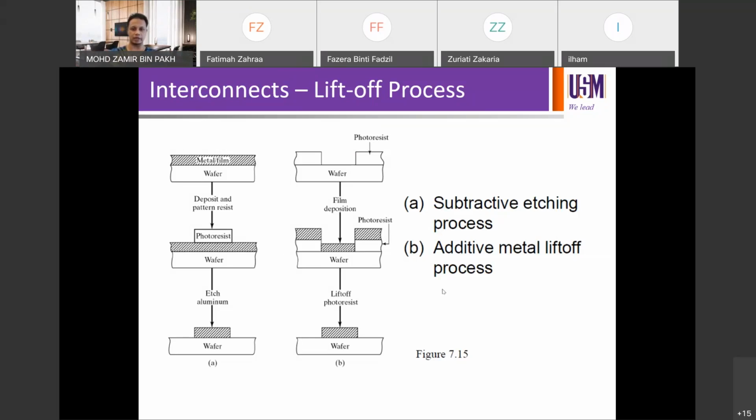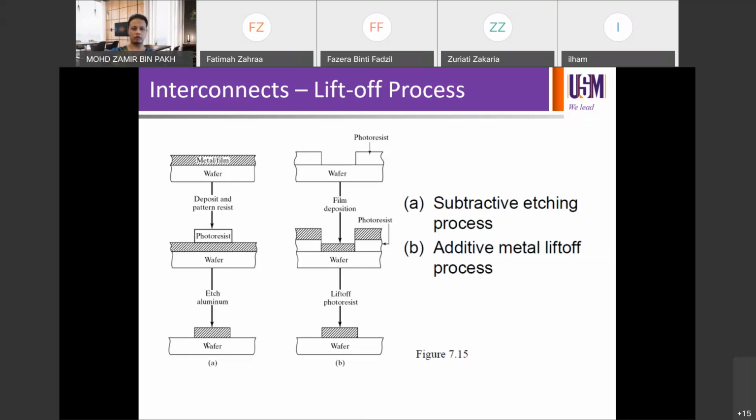So let's look at the one on the left, where we call it subtractive etching. We deposit a metal layer on the wafer, and then we spin the resist and pattern the resist by the CD process, and then we etch the metal layer on the sides, left hand side and right hand side, and then we strip off the resist.